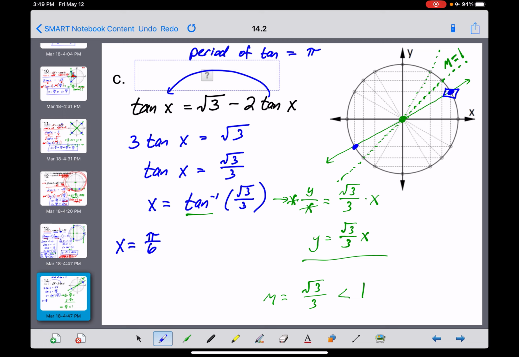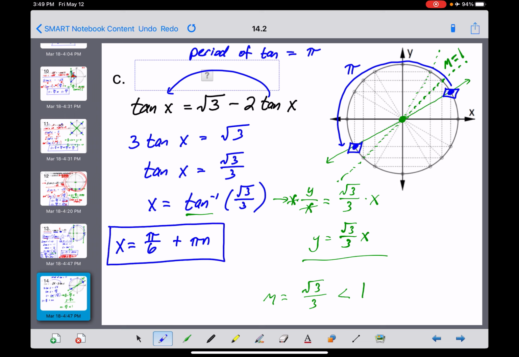So really, this is pi over 6 plus pi times n, and that actually gets you this solution right over here, because this distance between those two is equal to pi radians. That's half of a circle. So actually, this one little statement right here, everybody, is sufficient for your solution. You don't need a 2 pi n here, because the period of tangent is just pi rather than 2 pi.